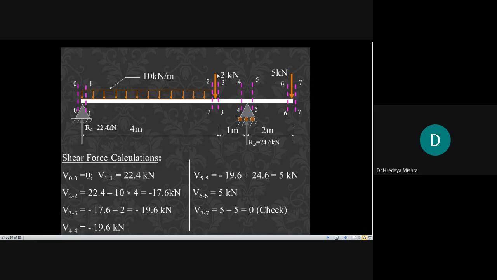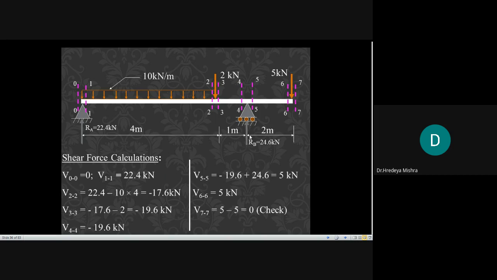Now at 3-3, 2 kilonewton downward force is there, so minus 17.6 minus 2, that is minus 19.6 kilonewton. And there is no additional load between 3 and 4, so the same force is carried forward at 4, minus 19.6.